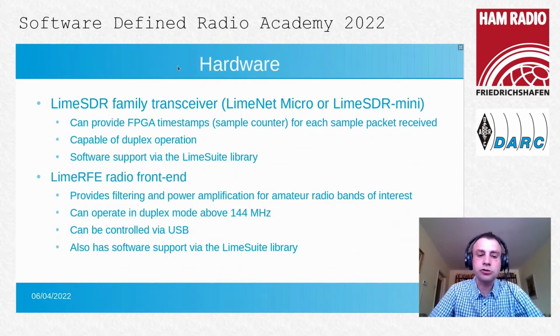This hardware can also operate in duplex mode above 144 megahertz. It is controlled via USB by QRadioLink, which automatically switches to the correct amateur radio band filters and power amplifier, and is also obviously supported by the LimeSuite library.